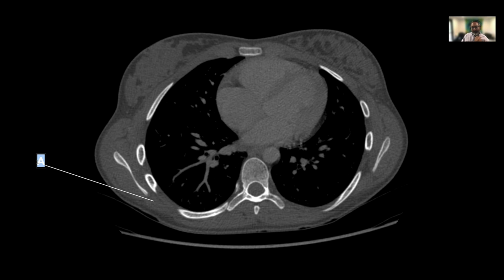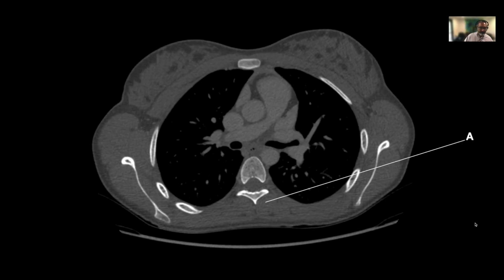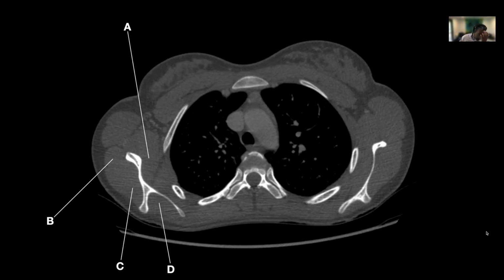That is the place where the rhomboids would be, absolutely. Yep, they would attach to the medial border. Correct. That would be the rhomboids. Correct. Correct. That is fantastic.